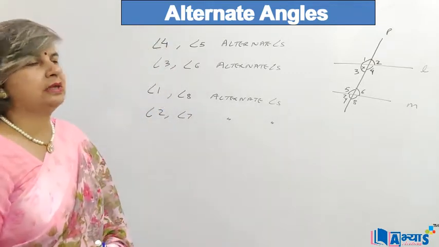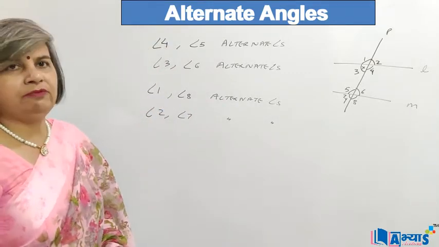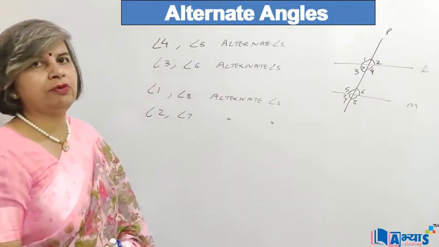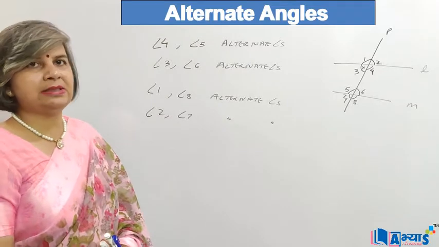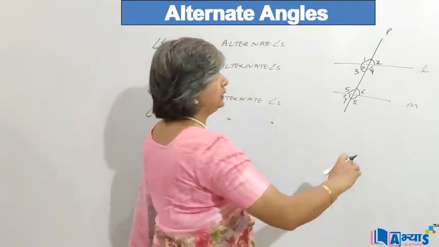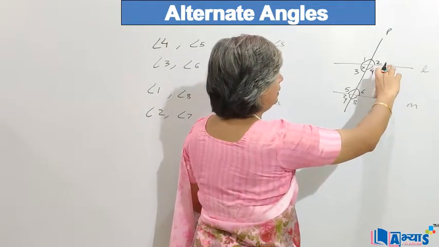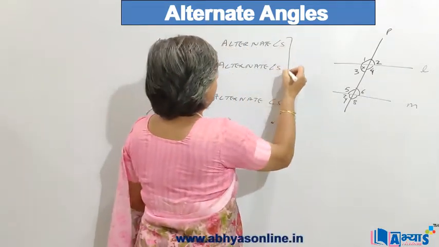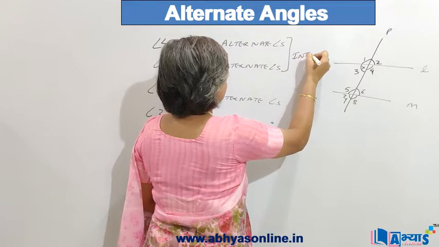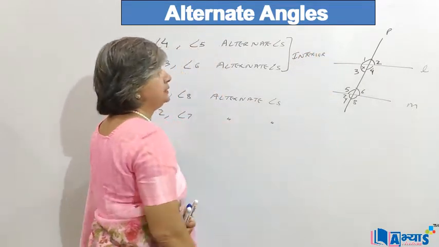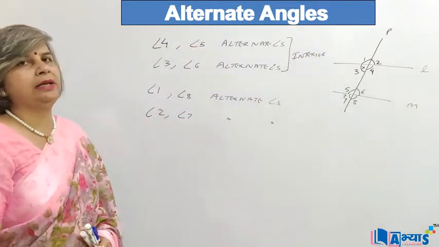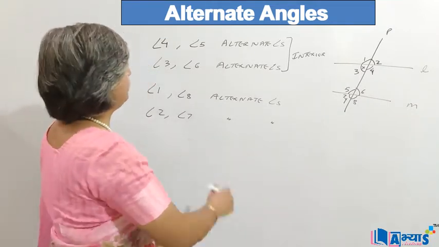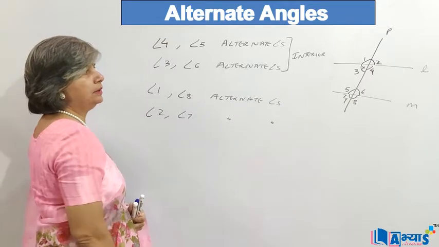All the four cases are alternate angles, but 4 and 5, and 3 and 6, are in the interior, between the two lines L and M, so they are called alternate interior angles. Because they are between L and M, they are known as interior angles, and as they are alternate, we call them alternate interior angles.